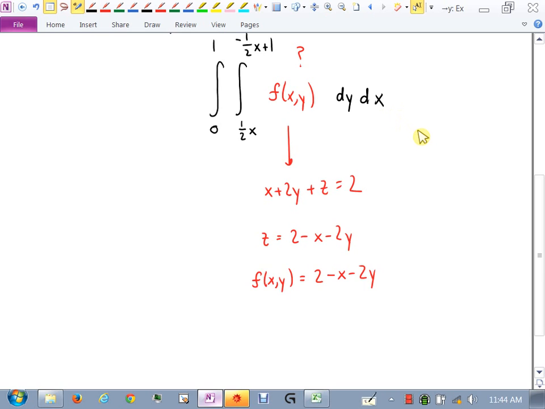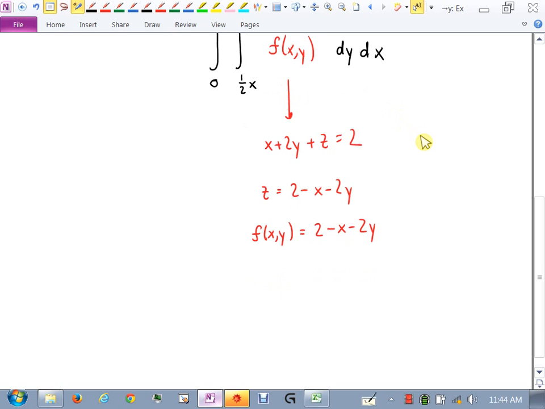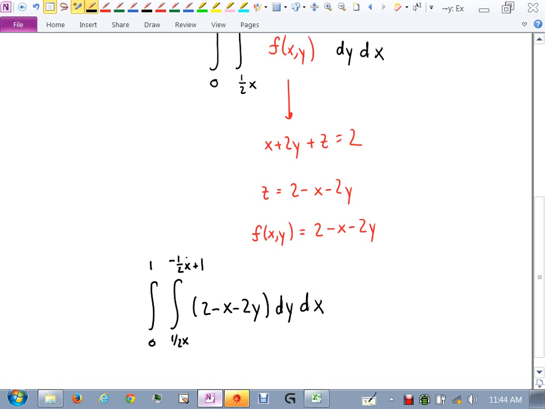So I'll just write the last integral and then we'll be done. Integral 0 to 1. Integral 1/2 x to negative 1/2 x plus 1 of 2 minus x minus 2y dy dx. That's the integral that we would have to evaluate.